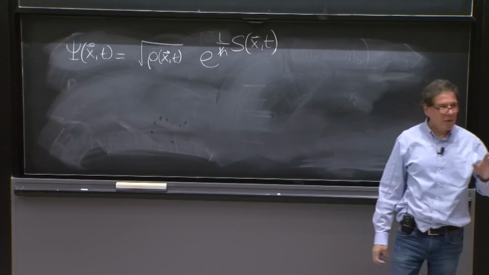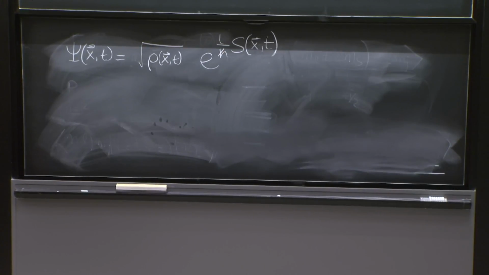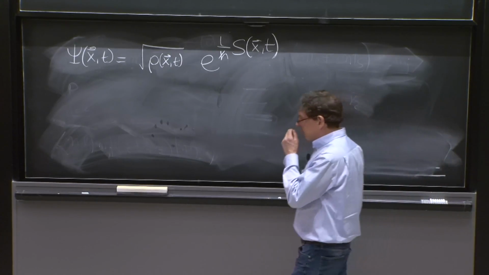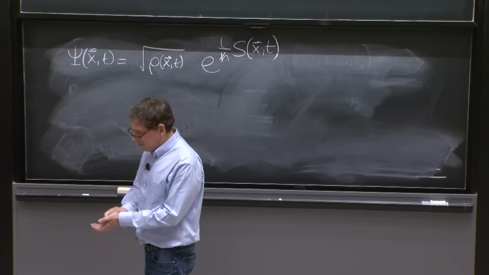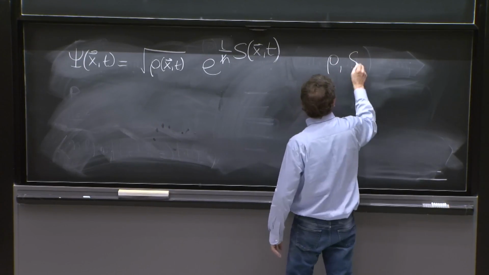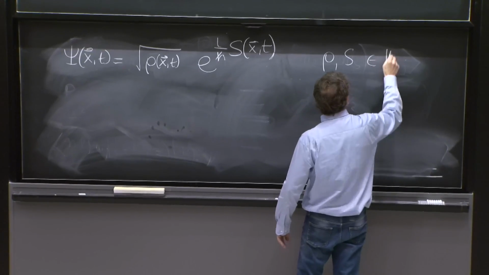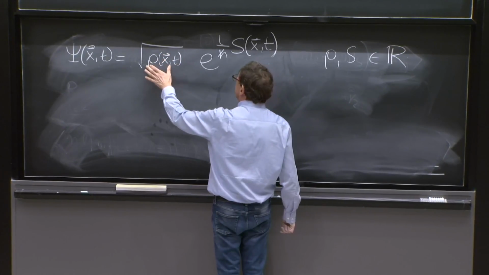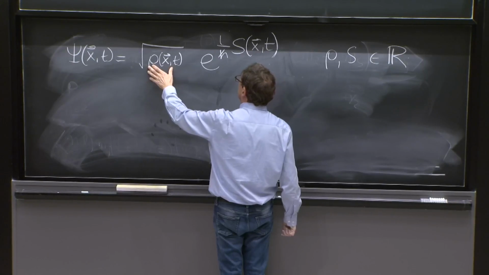It's to some degree the beginning of the path integral formulation. It has lots of connections with the action principle. So here, rho and S are going to be real. So this is a scale factor in front that determines the magnitude.